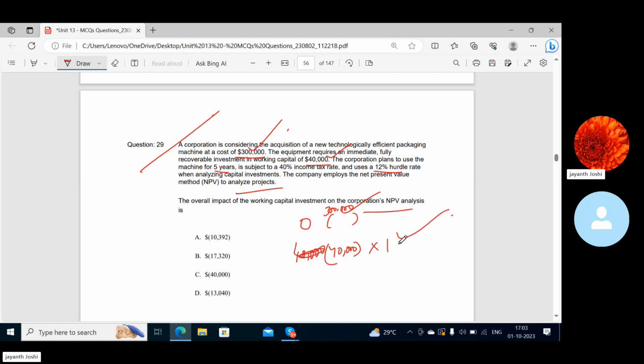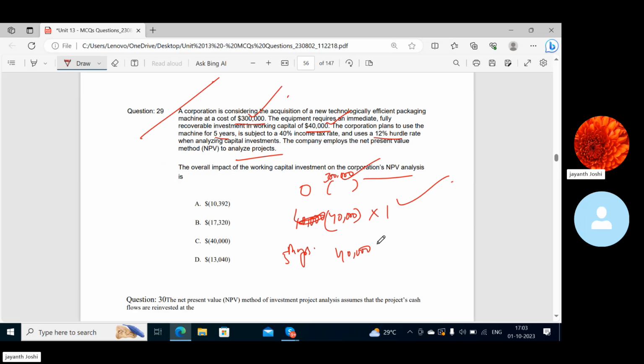But in the fifth year, this 40,000 is recoverable. So what is the fifth year discount factor for 12%? 1 by 1.12 whole power 5. Can you tell me the factor? I would say 0.567. Multiply this 40,000 with 0.567.